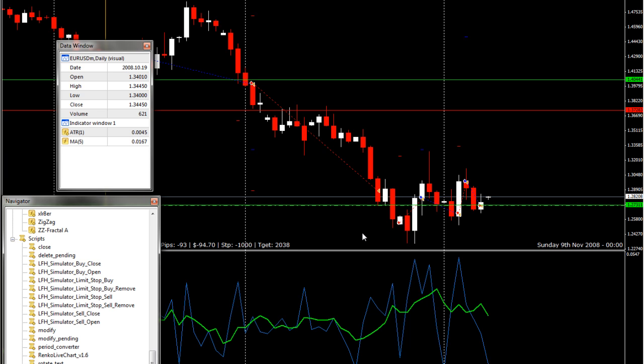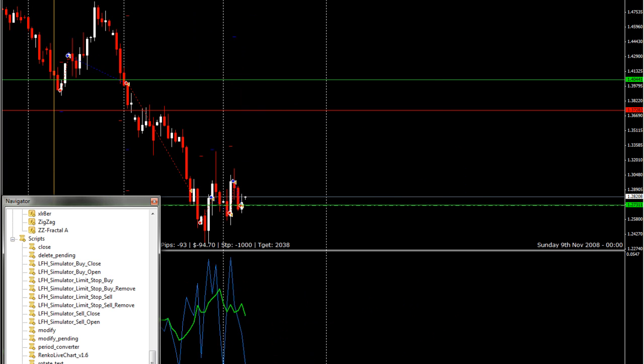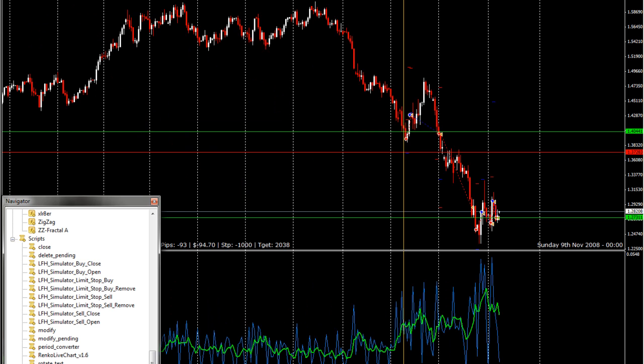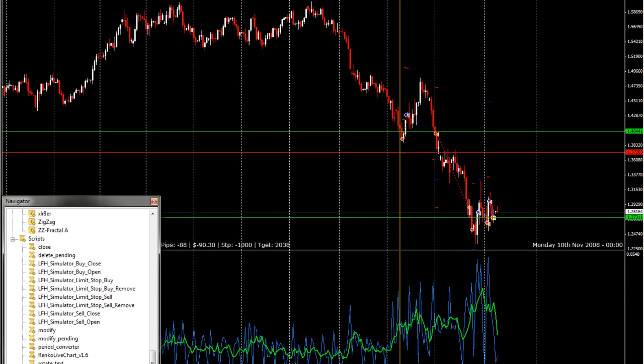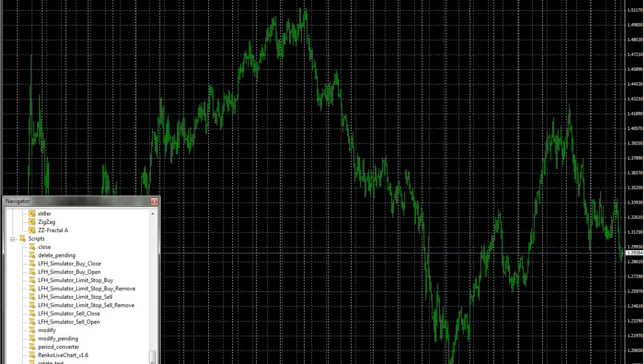And before I do that, let me just have a look here, because this is obviously just after the recession started in 2008, and what we can see here is, if I open the chart of the euro dollar, we just basically have a chance of seeing what it's doing on the daily chart.